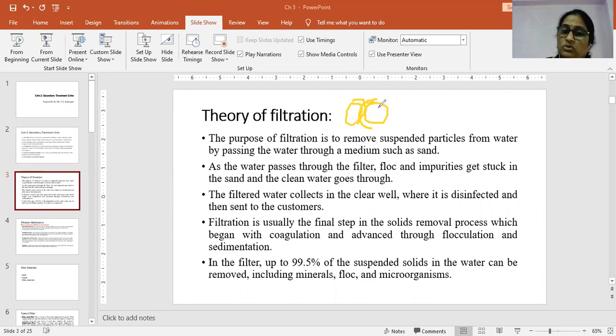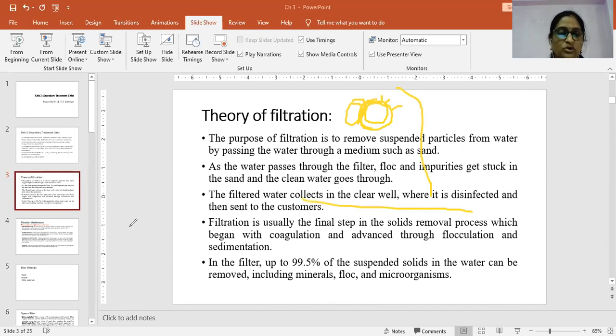That can be removed by using microorganisms, bacteria, and that growth is possible on the sand particles. That grown microorganism will consume the organic material present in the flowing water, and they become heavier and can then settle down at the bottom.